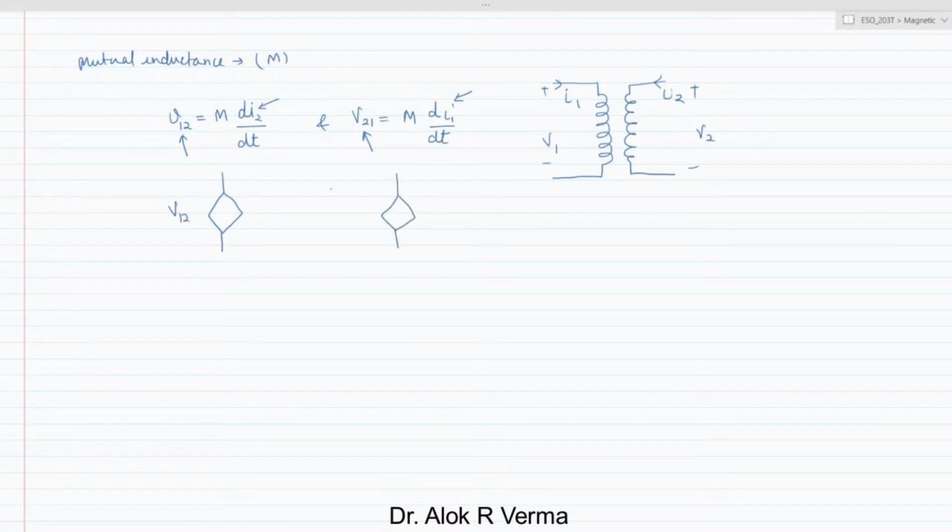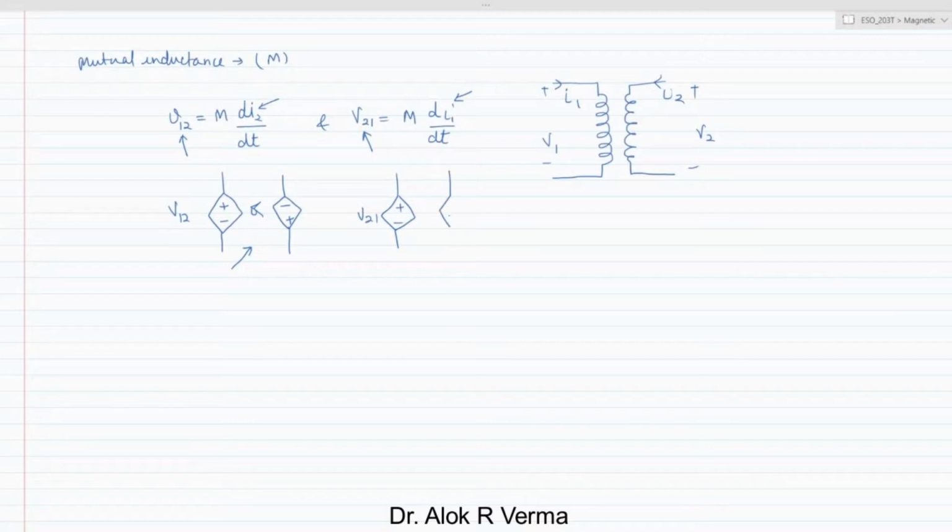But how to decide the polarity? Whether it will be this way or this way. So this will be defined by the direction of the current. Before we look into the direction of the current, this will be V12. Similarly for V21 also, we do not know the direction of the current, so that will decide the polarity.